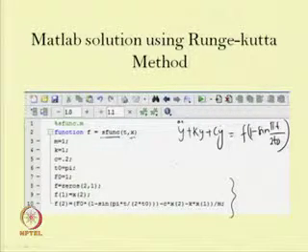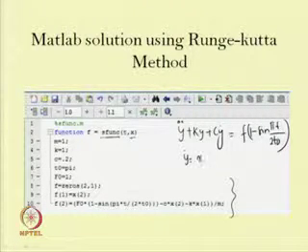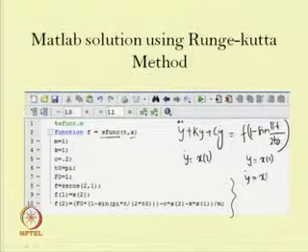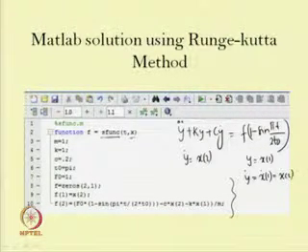First one can write y equal to x1, y dot equal to x2, so x1 dot equals x2.